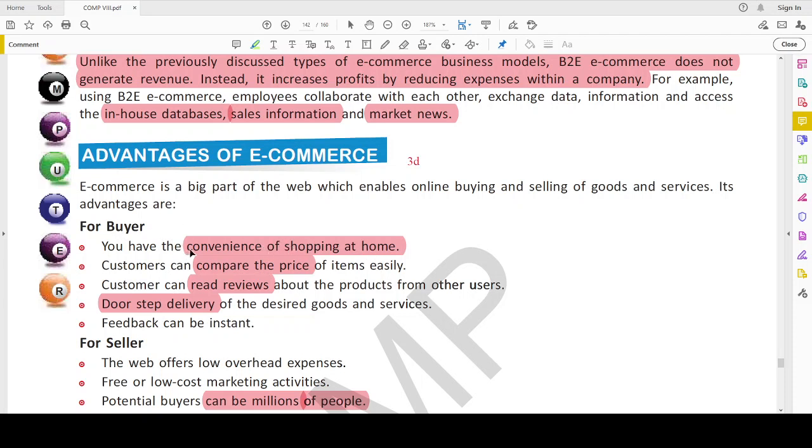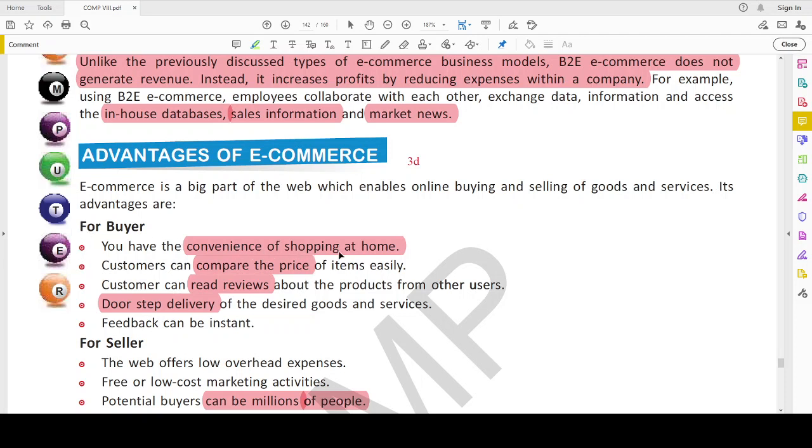Buyers have the convenience of shopping at home. Customers can compare the prices of items easily. Customers can read the reviews about the products from other users. Doorstep delivery of the desired goods and services. Feedback can be instant. So there are 5 points.